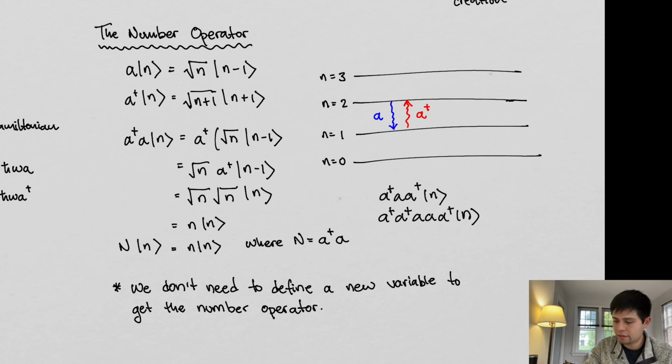We can think of these as, okay, say we started in, let's do this one right here, say we start at n equals 2. If we start at n equals 2, looks like we're raising first, then we're lowering, and then we're raising. Okay, so we're gonna get n plus 1 as our state back, right?